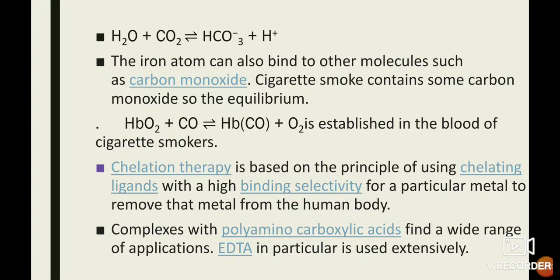Complexes with polyaminocarboxylic acids find a wide range of applications, and of these, ethylenediaminetetraacetic acid, or EDTA in particular, is used extensively. This is the application of selectivity of extraction related with pH, and extraction in medical science use.